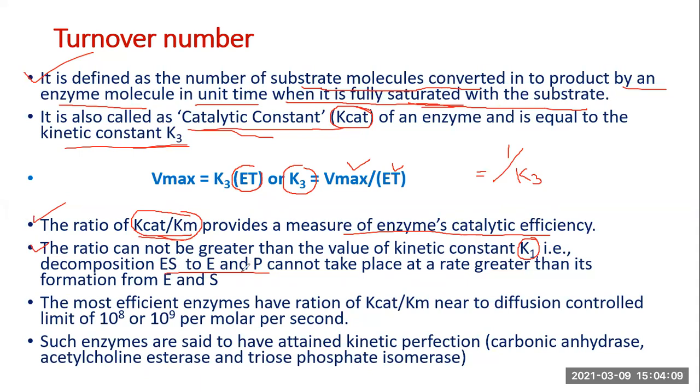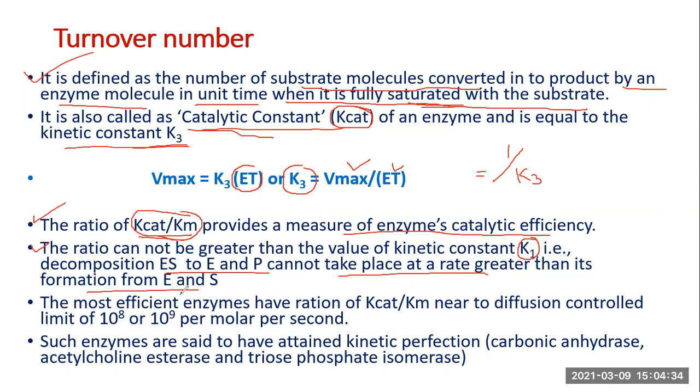Decomposition of ES to E and P cannot take place at a rate greater than its formation from E and S. E and S combine to give you ES and the rate constant is K1. So this catalytic constant cannot have a value greater than that constant K1. It signifies that decomposition of ES to E and P, the second equation, cannot take place at a rate greater than its formation.